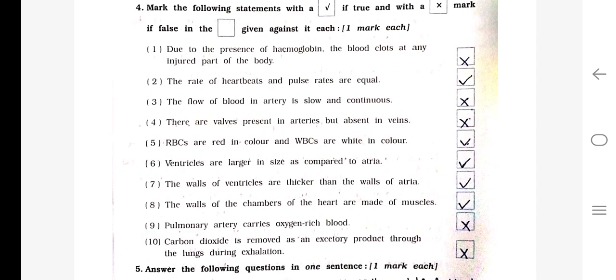Right. Number 8. The walls of the chambers of the heart are made of muscles. Right. Number 9. Pulmonary artery carries oxygen-rich blood. Wrong.